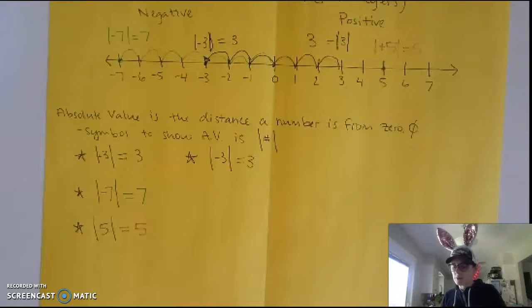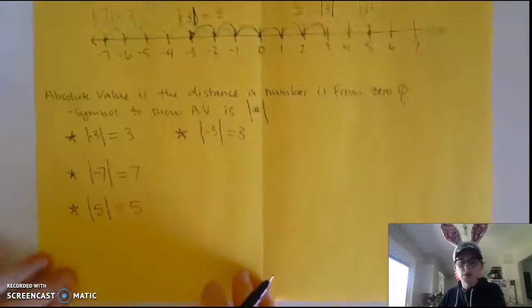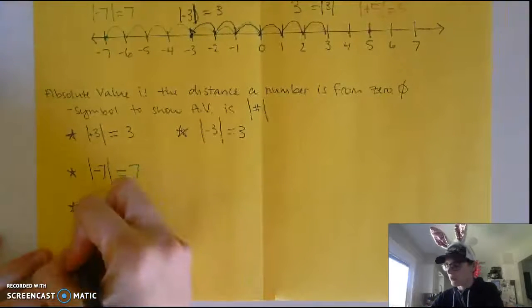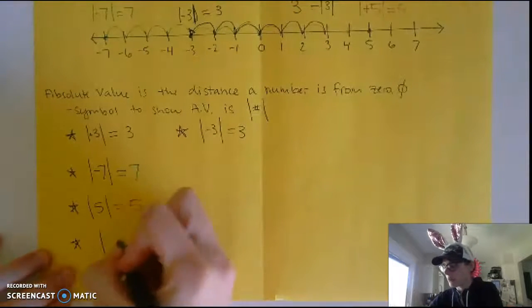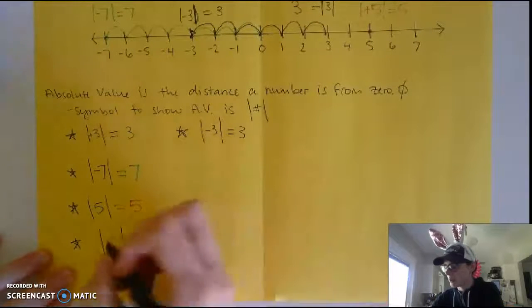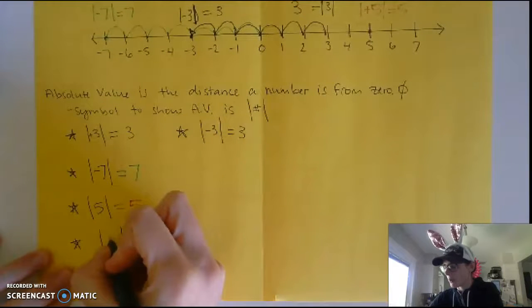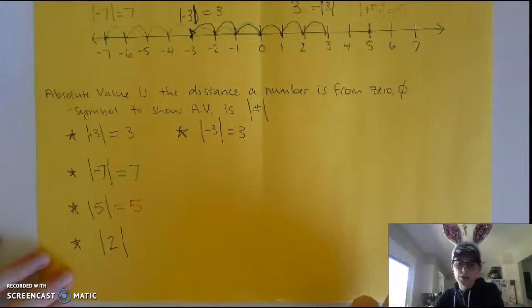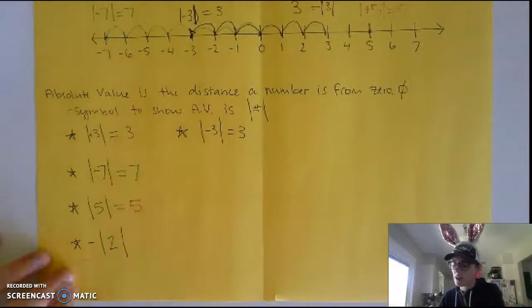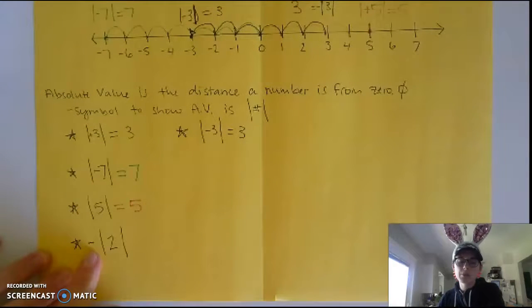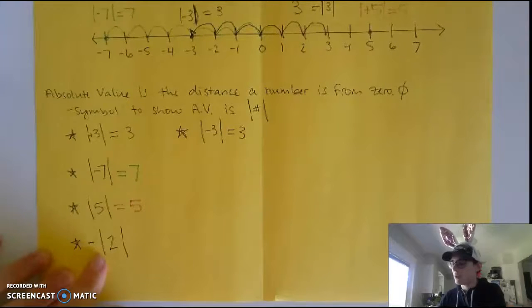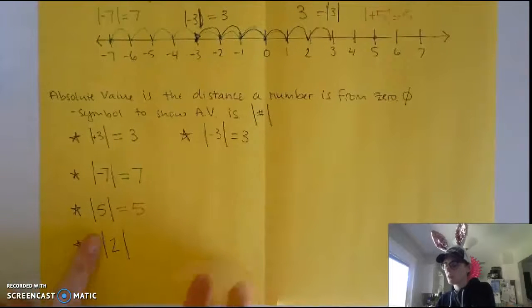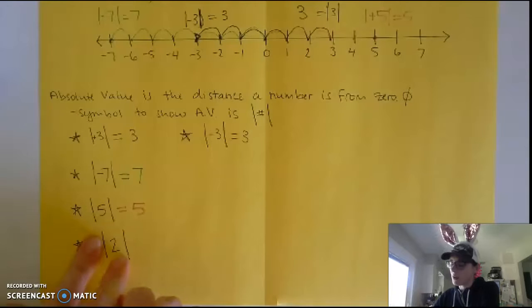I will say this because I know it might happen: they might also have you do something that looks like this. You might have the absolute value of a number, and we'll talk a little bit about this tomorrow, Monday. If you have, let's say, the absolute value of 2, they might put a negative sign on the outside of it. That just means the opposite of. If the negative is on the outside, you just look at the absolute value of positive 2.